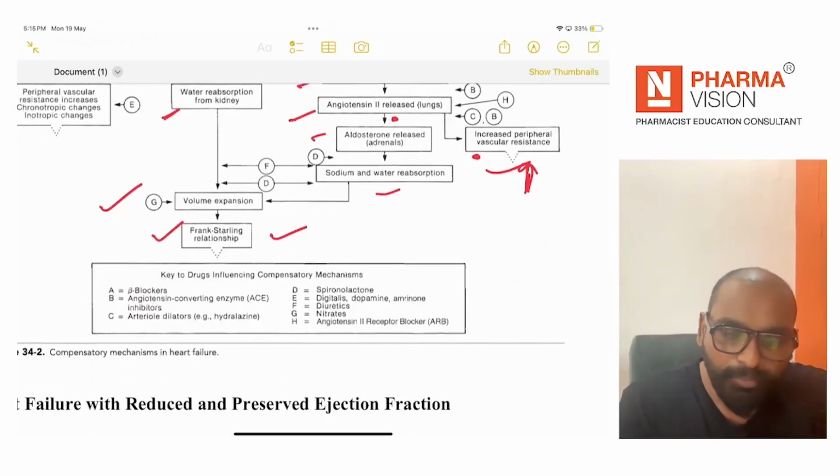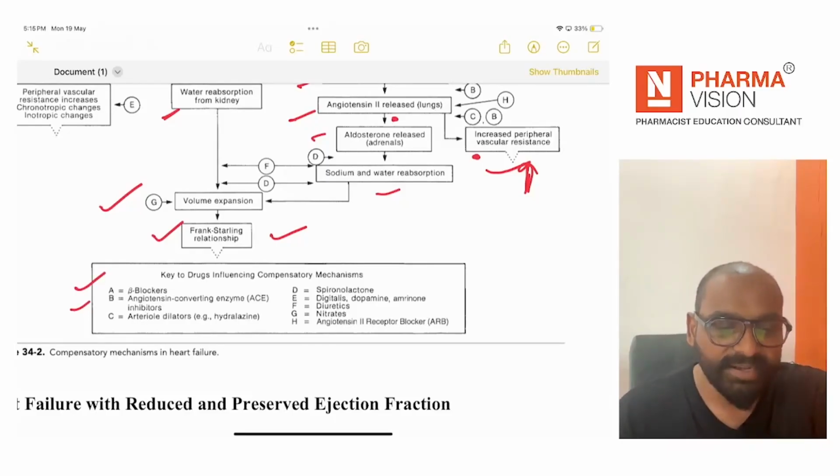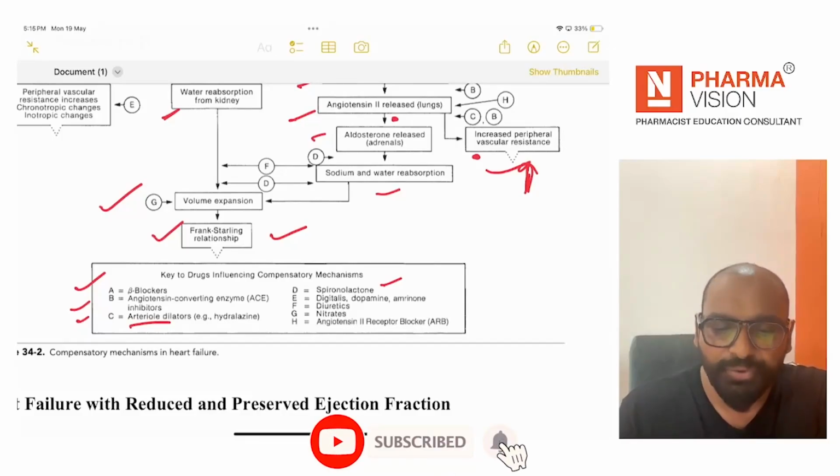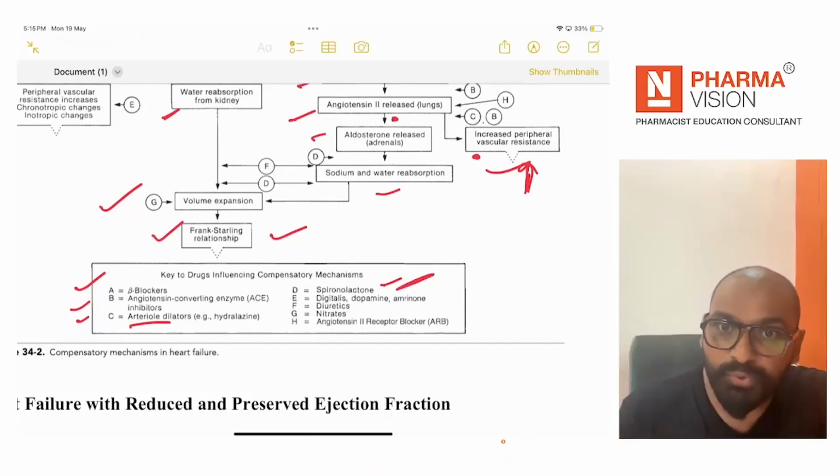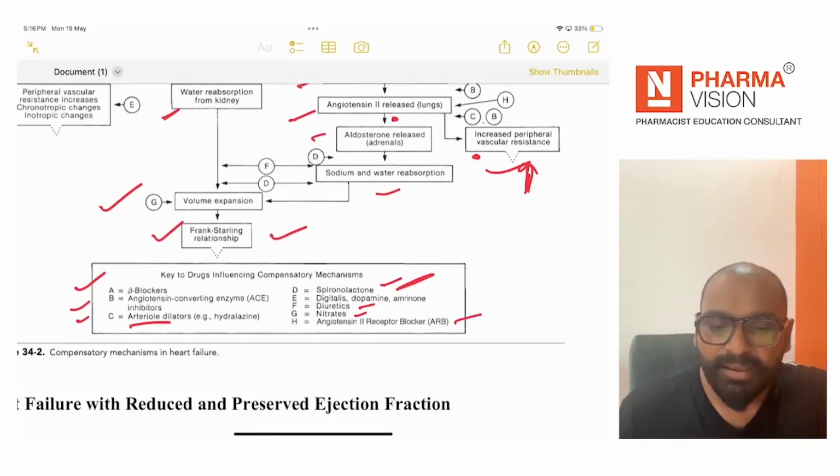So now based upon this pathophysiology, you can clearly understand what different kinds of medications are used for the management of heart failure. Beta blockers, angiotensin converting enzyme inhibitors, arterial dilators like hydralazine, spironolactone, a substance like aldosterone antagonist, digitalis like digoxin to improve your cardiac output, diuretics for the water, nitrates for venodilation, and angiotensin receptor blockers.